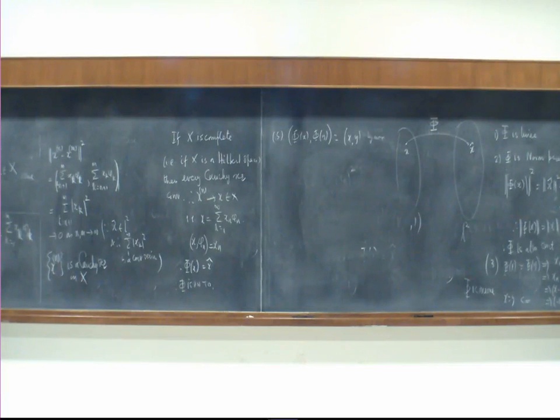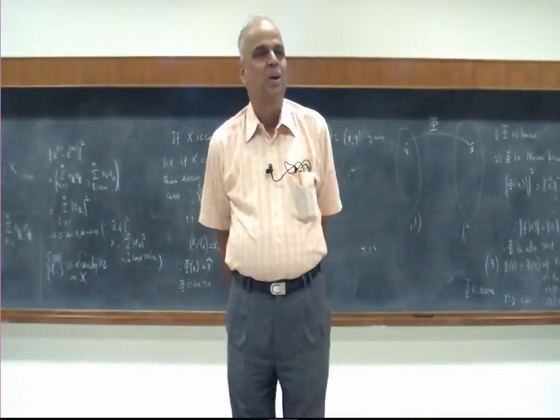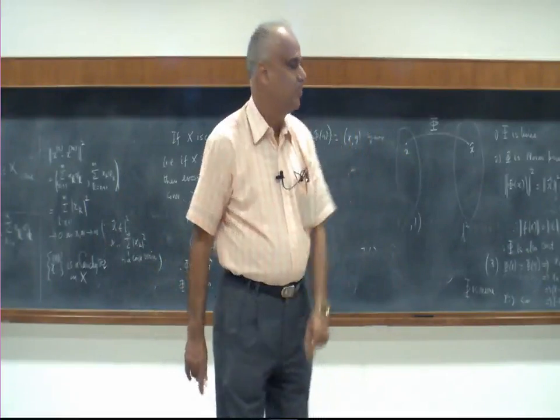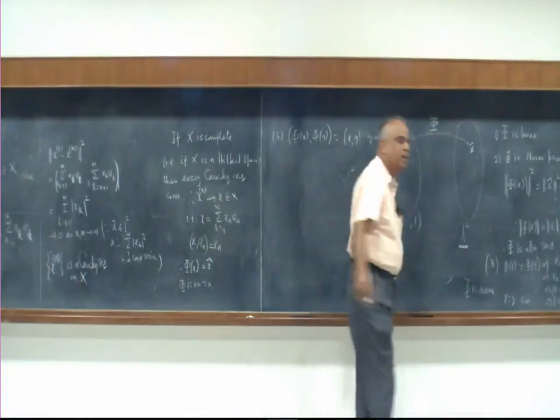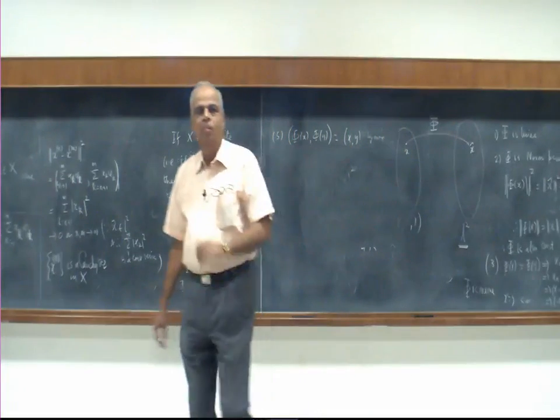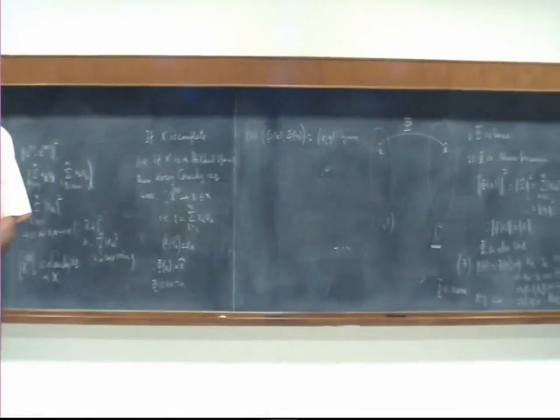If you know little L2, you know all Hilbert spaces with a complete orthonormal sequence. That is all. There is nothing else. There is only one. So, this is the concrete model of all Hilbert spaces which have a complete orthonormal sequence.